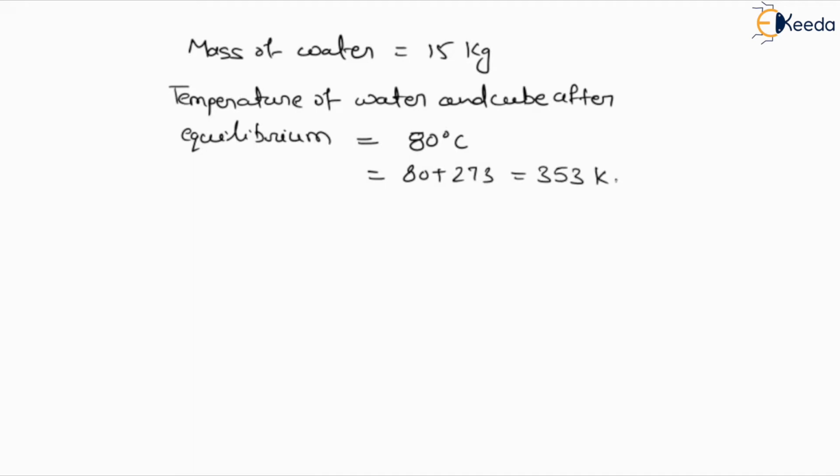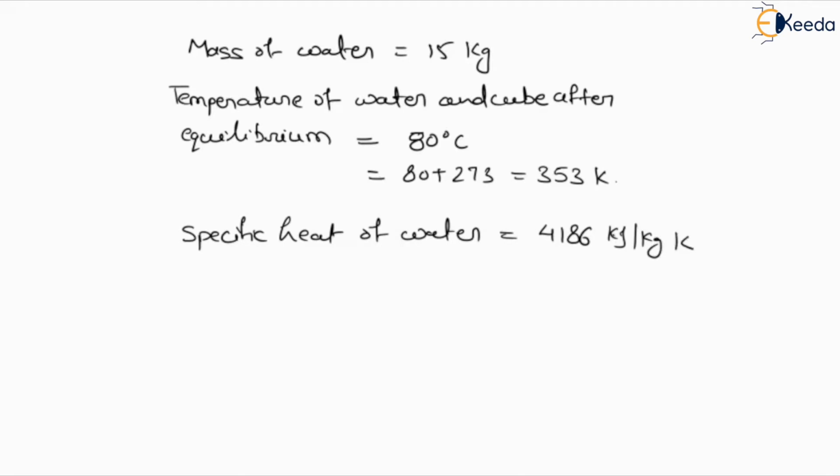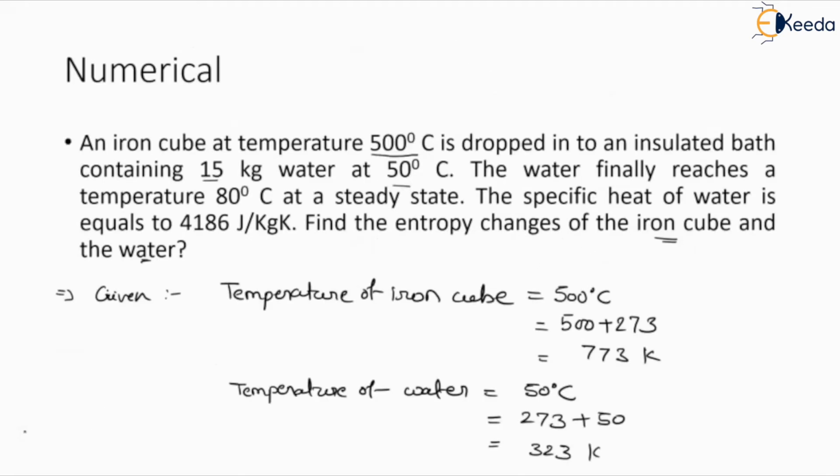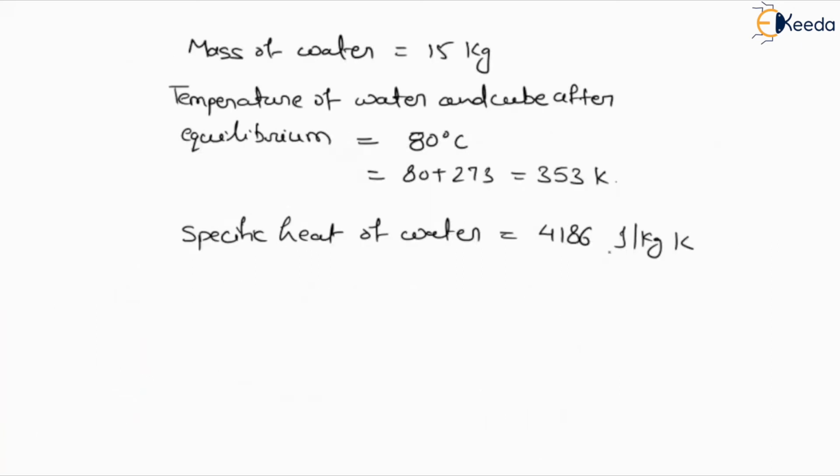The specific heat of water is also given. It is 4186 joule per kg Kelvin, not kilojoule. So we will write this as joule per kg Kelvin. Now we have to define the change in entropy for the water and the cube both.